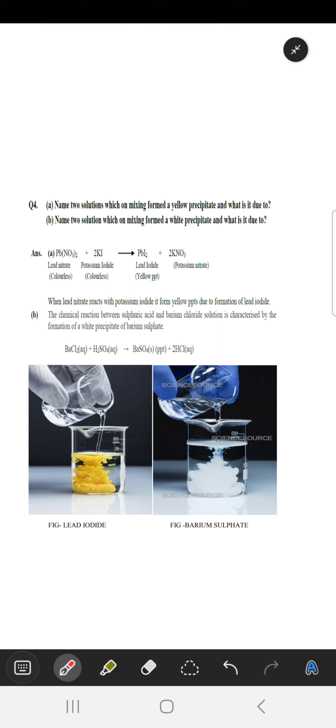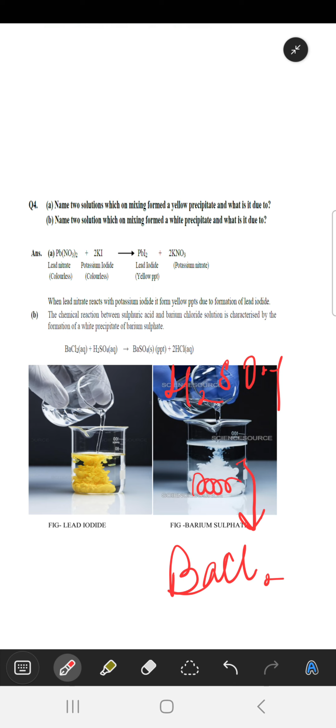Similarly, for the white precipitate, we have taken two solutions. First we have barium chloride, which reacts with H2SO4. What we get is the white precipitate, which is due to the formation of barium sulfate.